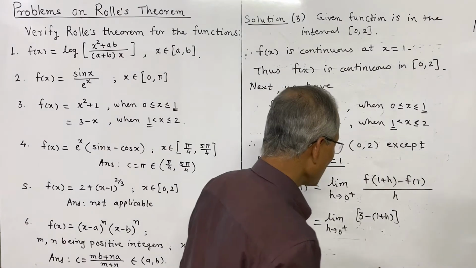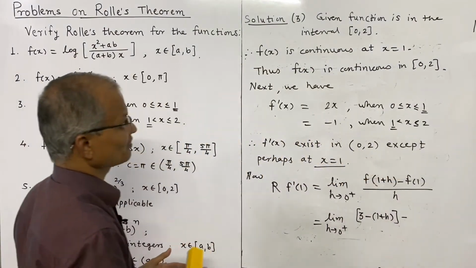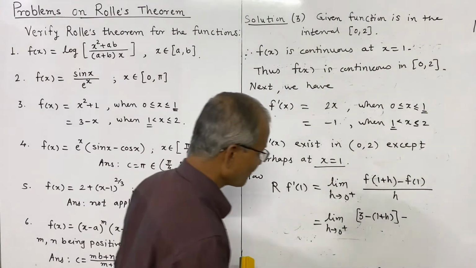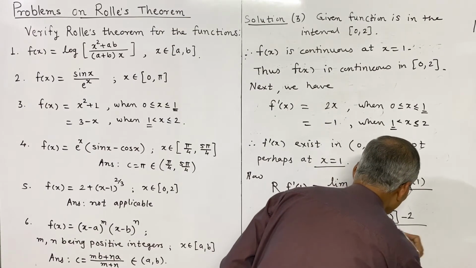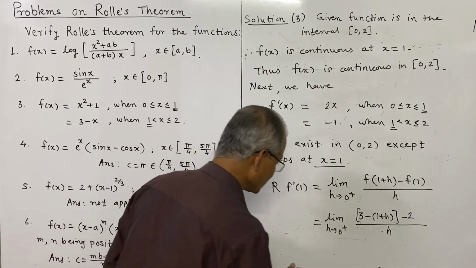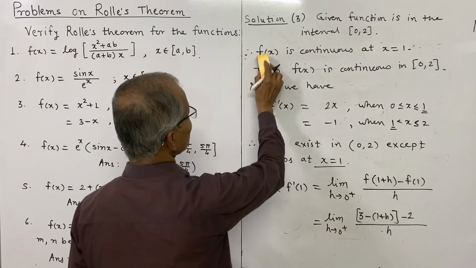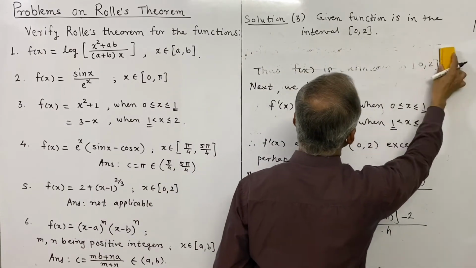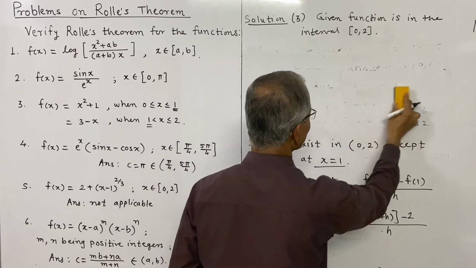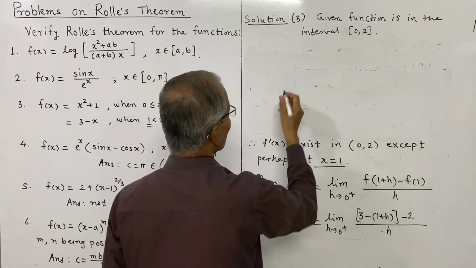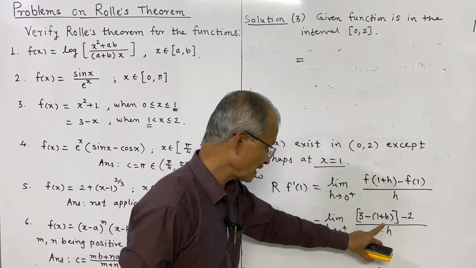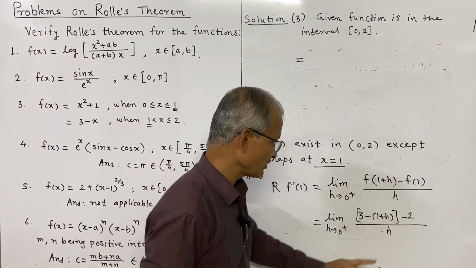And what about f of 1? F of 1 we obtained earlier in the continuity part: x is equal to 1, and 1 square plus 1 is 2. So f of 1 is 2, and we subtract 2, divided by h. 3 minus 1 is 2, 2 minus 2 cancels to 0, and what remains is minus h divided by h.